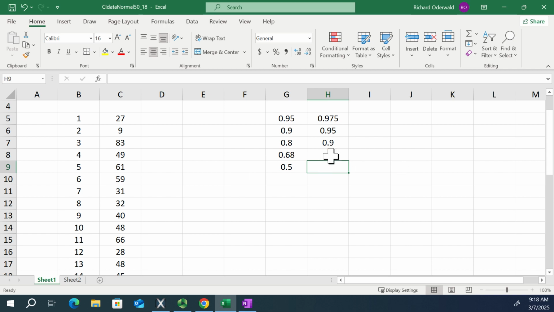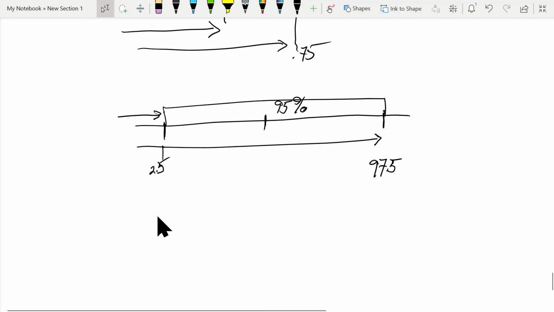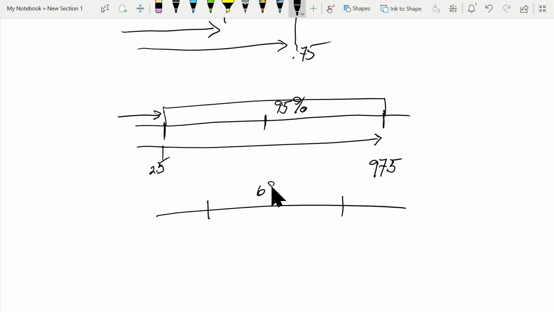For the 68% interval. 68% in the middle. What's on the outside? Altogether, 32 altogether. 16 in one.